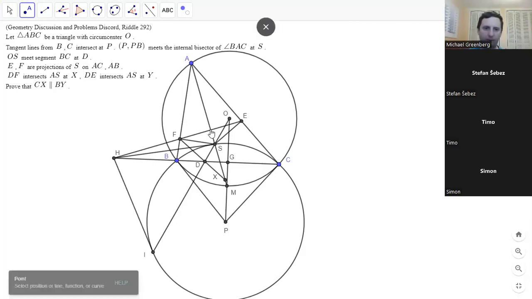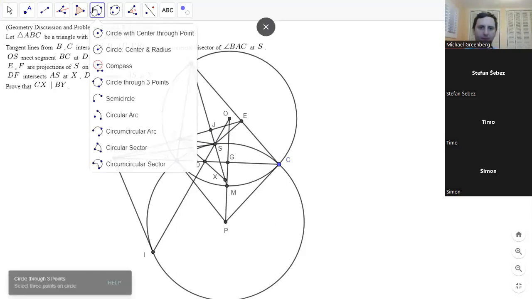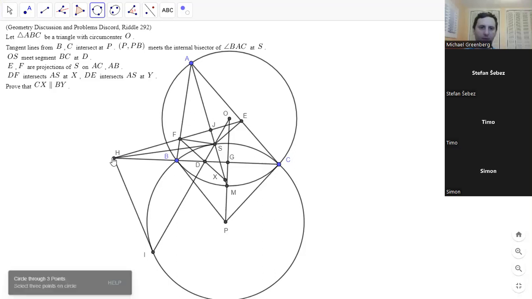We don't yet know that this point is there, but if it was, we'd have a cyclic quadrilateral here.